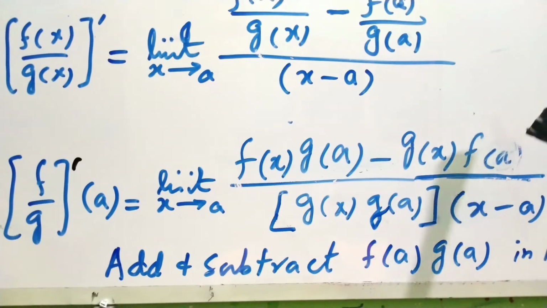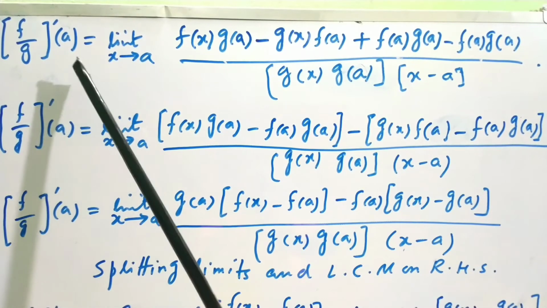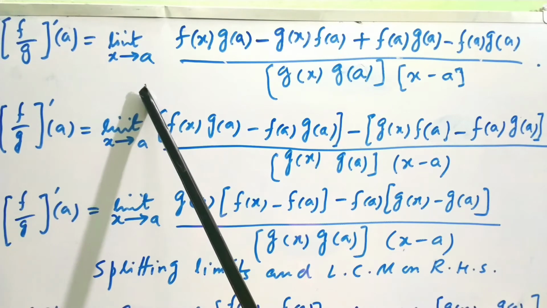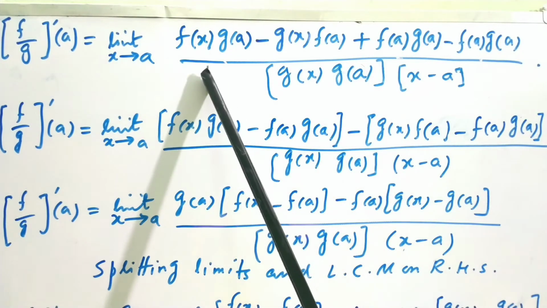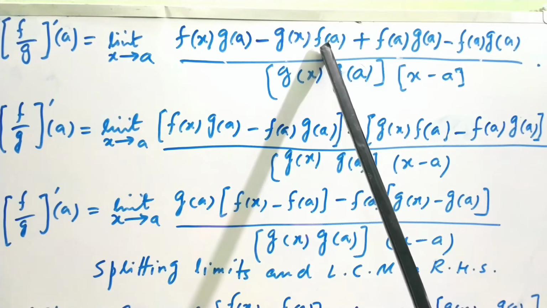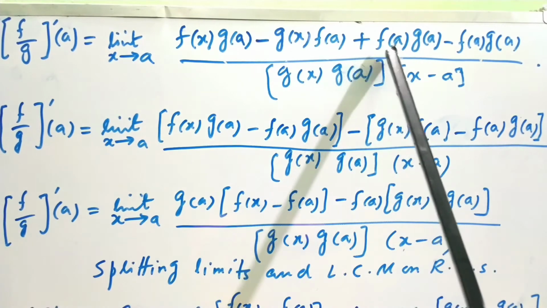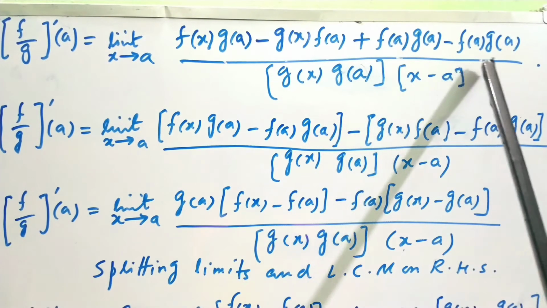So again, add and subtract f of a into g of a in the numerator. So f over g dash of a is equal to the limit as x approaches a of f of x into g of a minus g of x into f of a, which is the same as in the last numerator of the fraction, but we have added f of a into g of a minus f of a into g of a.